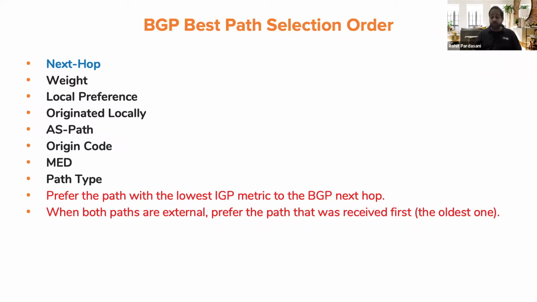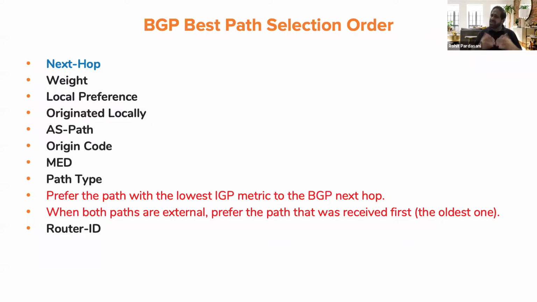If that's the same, then it would look at the router ID, because there are chances that the criteria of the oldest neighbor may be the same. Now you may think, how can that be the same? What are the chances of two neighbors coming up at the same time? Don't think of it as two neighbors. Maybe I have just one neighbor, but two links to the same neighbor.